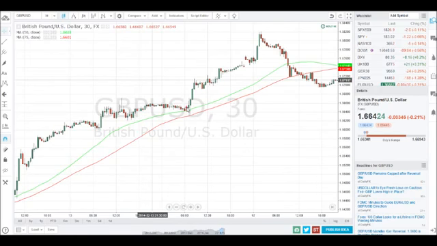We have a bullish engulfing candle. It's literally on this first moving average, and our moving averages are giving a bullish signal. So we could place a call there, and you'll see price go strongly on the upside.